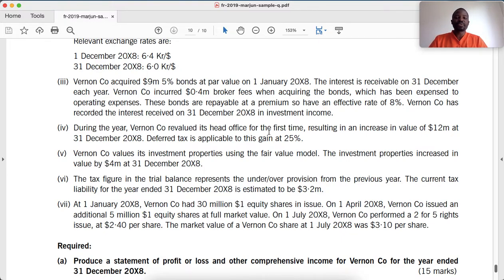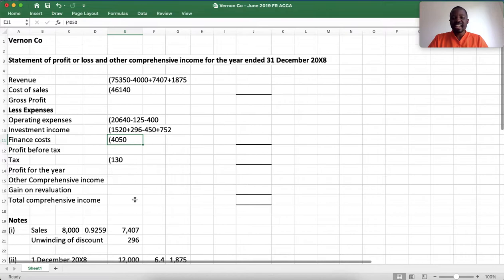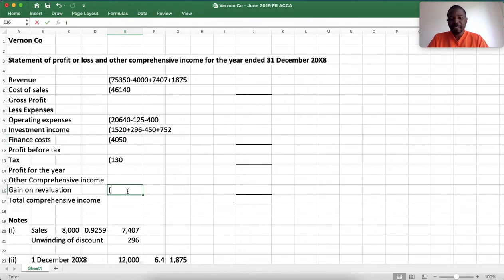This gain, we are going to record it in other comprehensive income, but we are going to record it net of deferred tax. So let's do that. The gain is 12 million, which is 12,000, less 25% multiplied by 12 million. So we are going to record this net of tax.